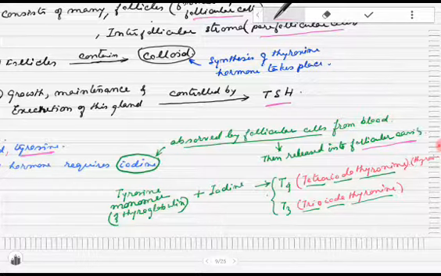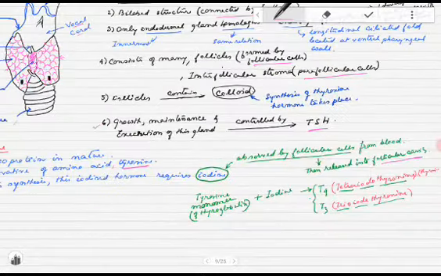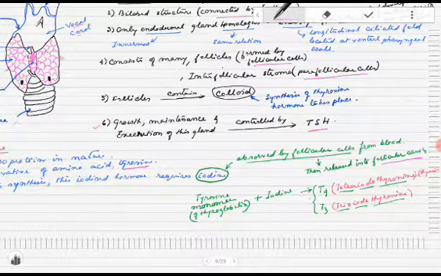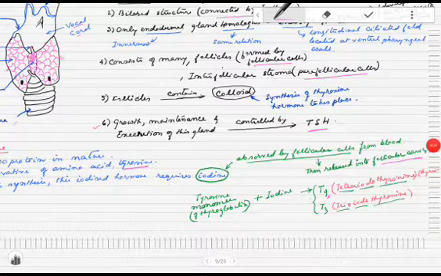T3 is triiodothyronine, and T4 is tetraiodothyronine, and these are essential for the normal rate of hormone synthesis in the thyroid.